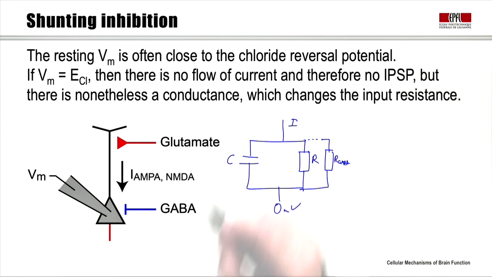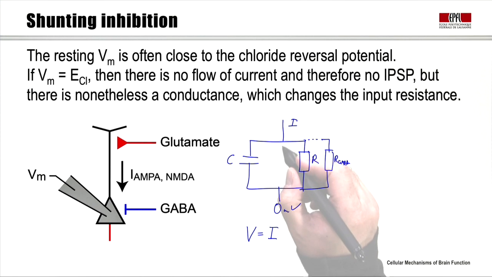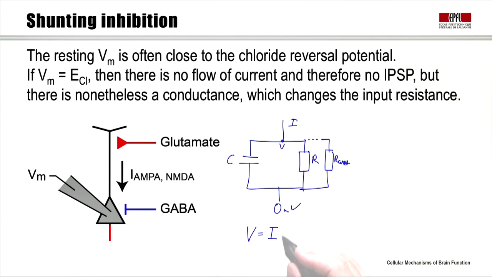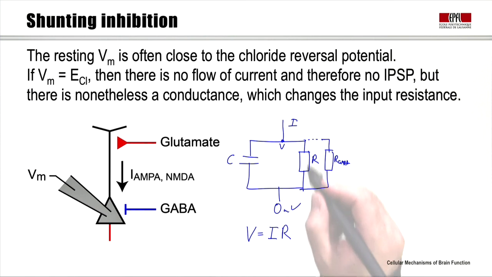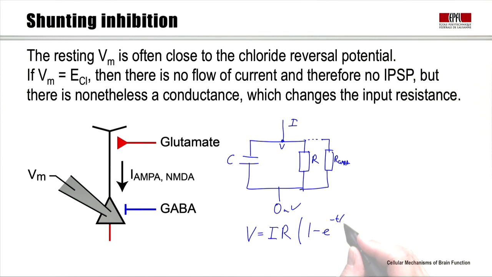We can think about the equations that govern the membrane potential changes here that we've already dealt with in our previous weeks of study. So the potential here across the cell is equal to the current flow times the resistance, and then we have the time course for those changes that are the charging of the capacitor here.